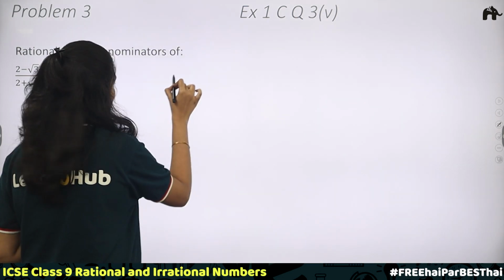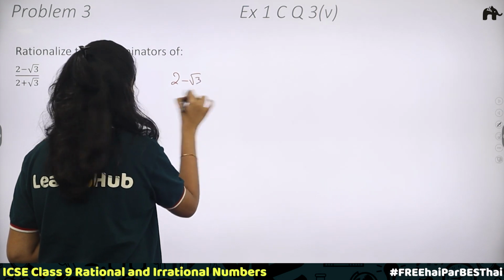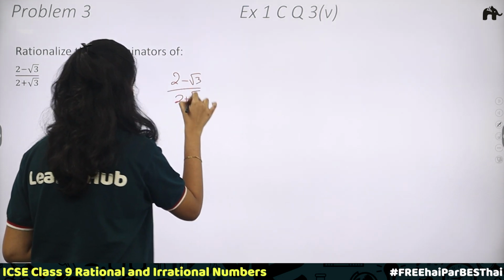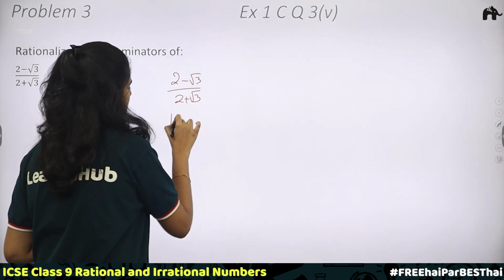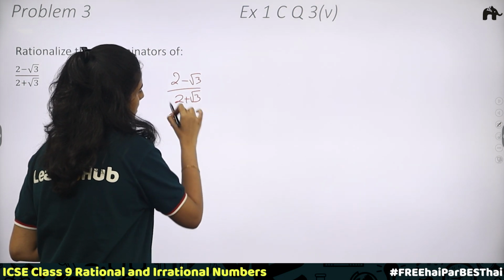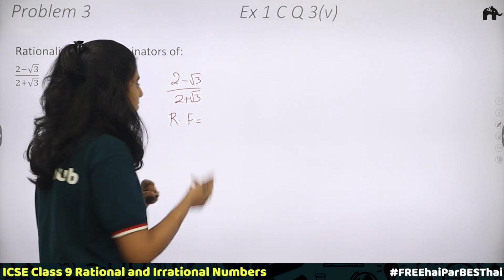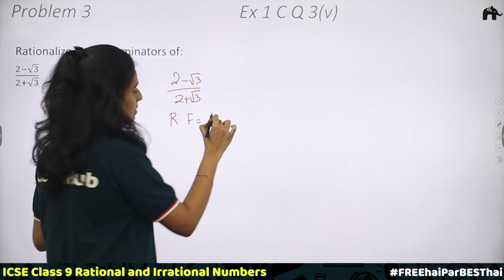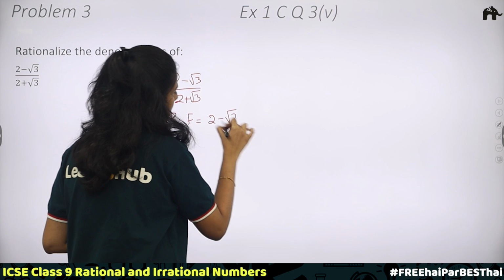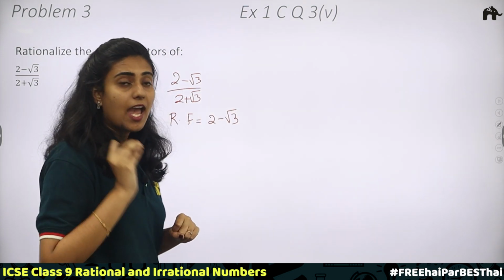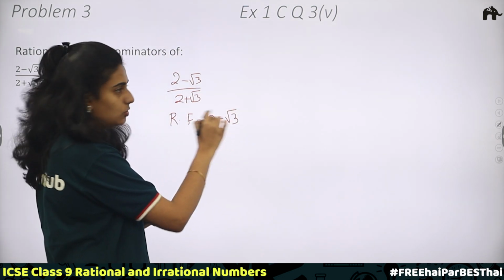So here 2 minus root 3 divided by 2 plus root 3. What is the rationalizing factor in this case? Here in the denominator we have 2 plus root 3. Therefore the rationalizing factor is, you have to change the sign. It becomes 2 minus root 3. So you are going to multiply the numerator and denominator with 2 minus root 3.